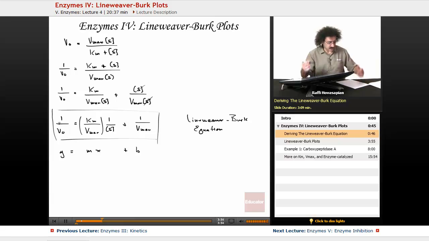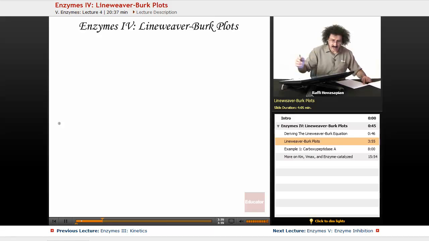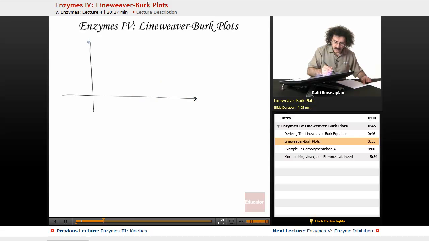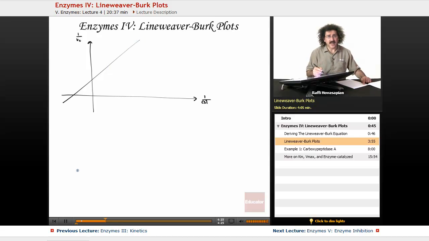You're going to plot this out. So, on this axis, we have our 1 over S. On this axis, we have 1 over V0. When you plot 1 over V0 versus 1 over S, you're going to end up with a straight line like that.